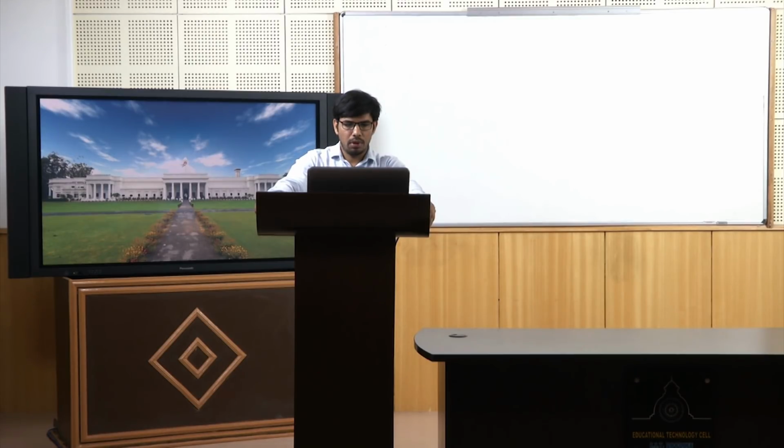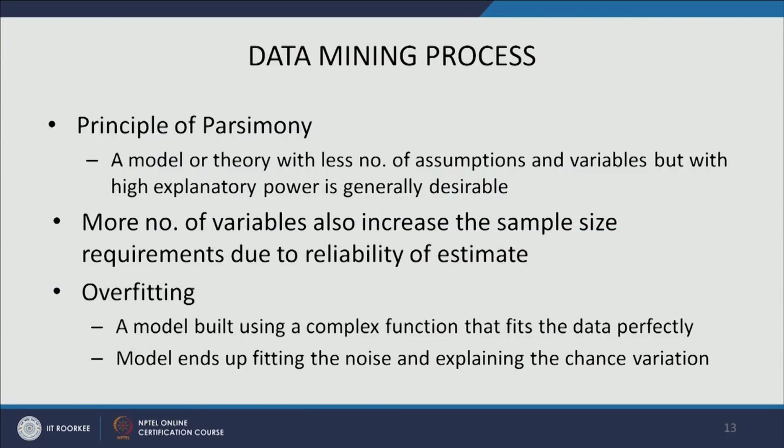Now another related problem is overfitting. So what is overfitting? Overfitting generally arises when a model is built using a complex function that fits the data perfectly. So if your model is fitting the data perfectly, then probably it might be overfitting the data.